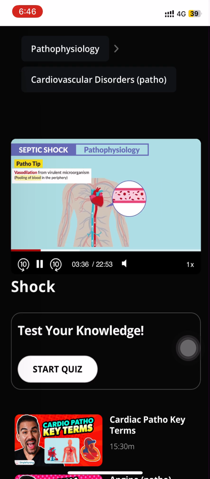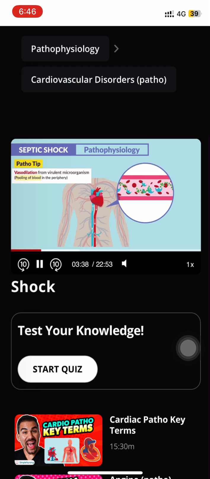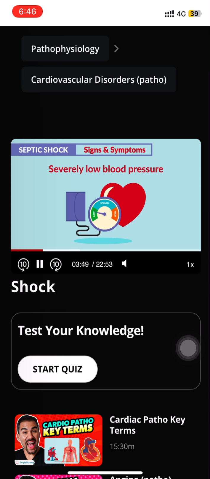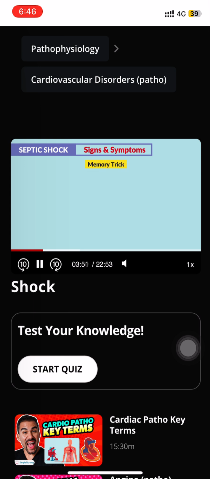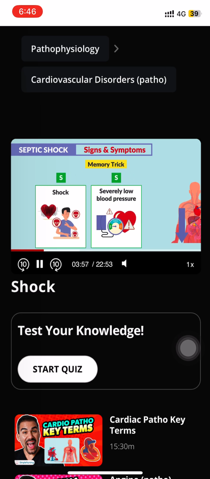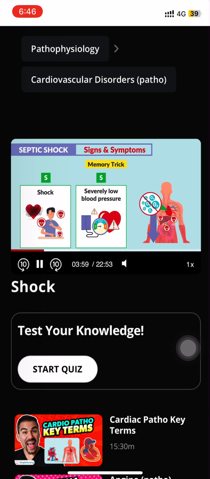Whatever the cause, a systemic cytokine release inside the bloodstream causes extreme vasodilation and fluid leaking from the capillaries. So the signs and symptoms include severely low blood pressure. So once again, the memory trick, just think S for shock is for severely low blood pressure, resulting in organ failure from the lack of perfusion, that lack of oxygen.